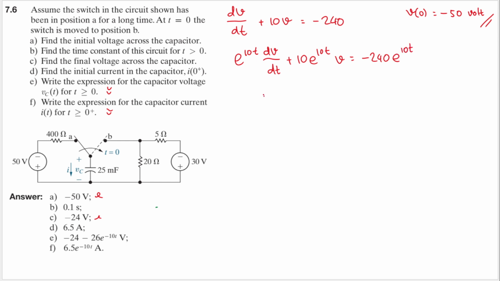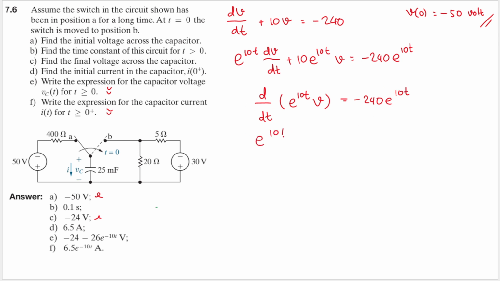Because we can rewrite this here as this one. So we will have e to the 10t multiplied by V, because of the differential function multiplication formula, right? So we will have this as minus 240 e to the 10t, and we can integrate both sides now.